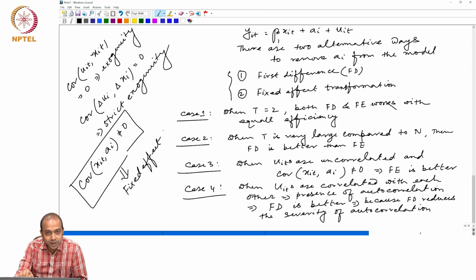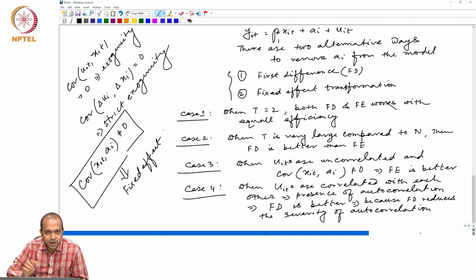If we do not eliminate it, this AI will be there in the UIT, and for each and every UIT, that means UIT 1, UIT 2, UIT 3, for each period this AI component would be common. So, UIT will obviously show an autocorrelation problem. From that logic, apparently we may think of removing this AI. But when AI is not correlated with XIT, removing AI is not efficient, because the idea was that XIT would be correlated with AI.